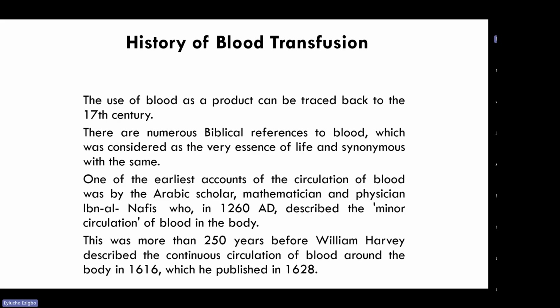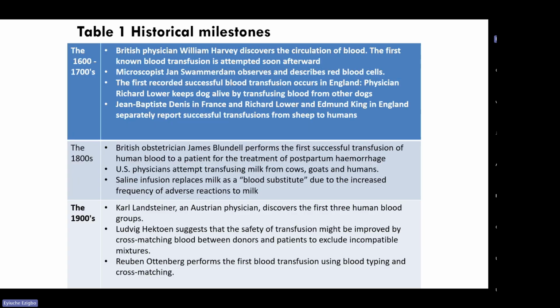This was more than 250 years before William Harvey, the one we popularly know, described the circulation of blood around the body in 1616, which he published in 1628. So some of the milestones as regards blood transfusion, we will not dwell much into it. You can read that on your own.